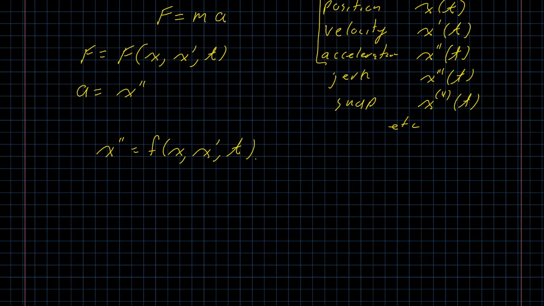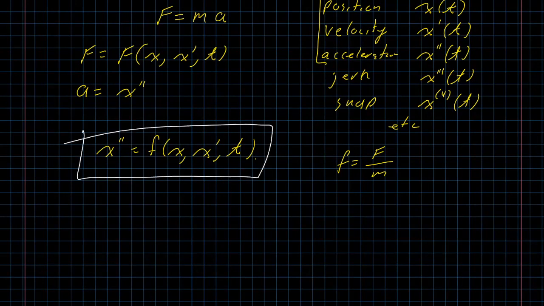And I got a little bit ahead of myself. I apologize. Little f is just big F divided by m, because having that extra factor of m makes things messy and we can ignore it. That also gives us something that looks more like the mathematician's definition of a second order equation instead of the physicist's definition of Newton's law.